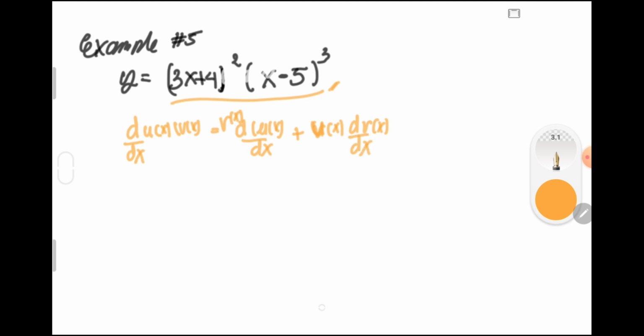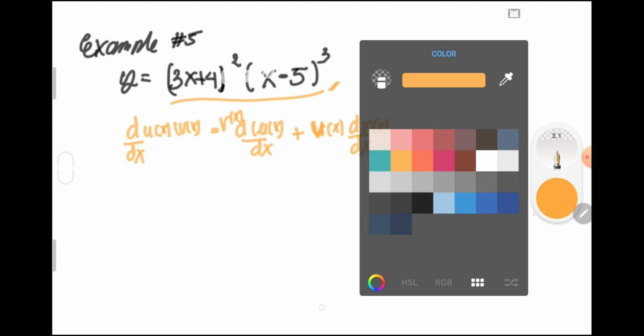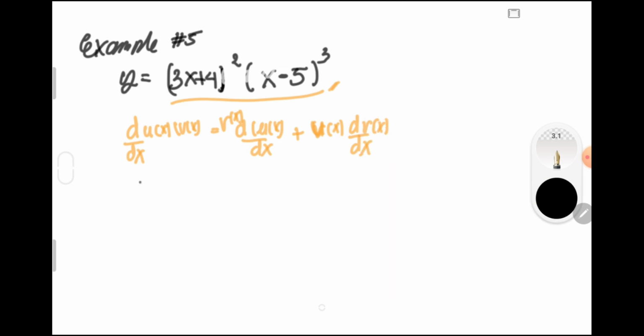Okay, so from this, our u of x will be equal to 3x plus 4 squared, and v of x is equal to x minus 5 raised to 3.